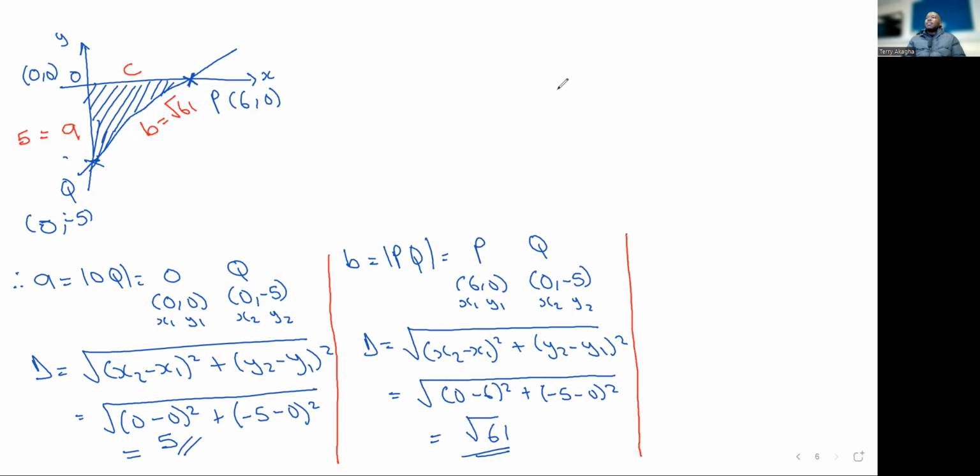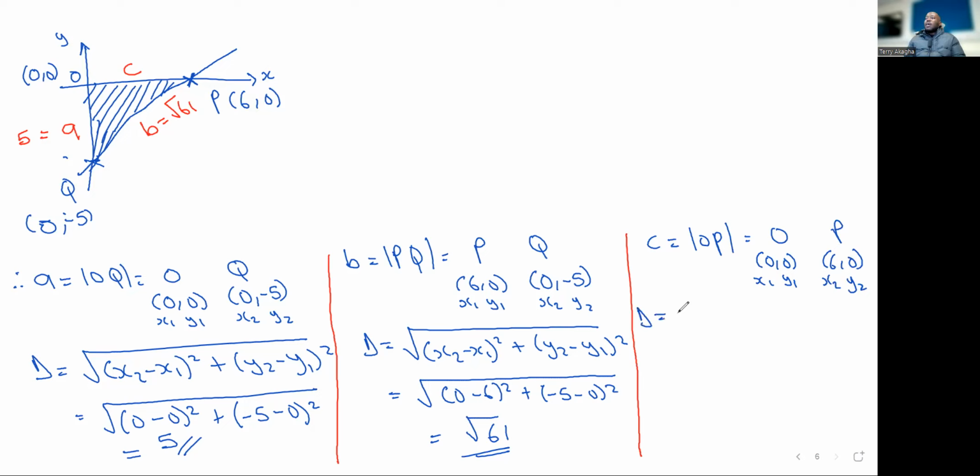Then we can find the C, which is the last one. So the C, which is equal to OP. And that is the O, which we know to be the origin, is 0 and 0. And we have the point P, which we know to be 6 and 0. So this will be our x1, y1, our x2, y2.